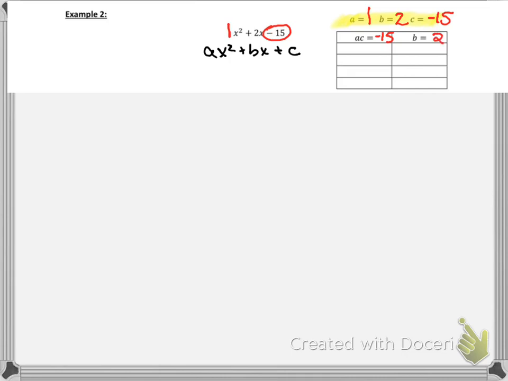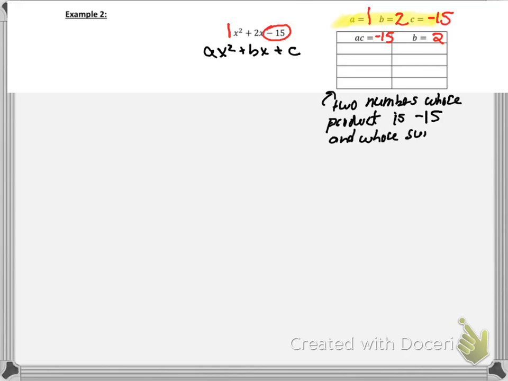Remember, we're looking for two numbers whose product is negative 15 and whose sum is 2.